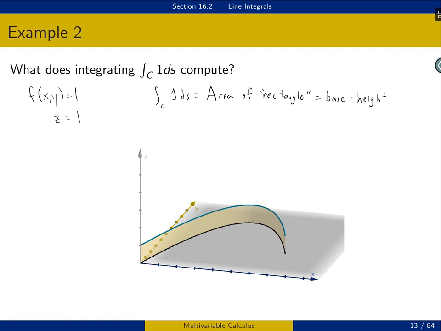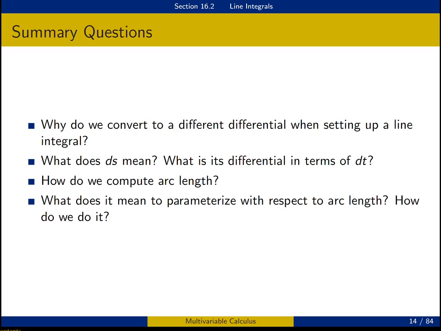Well, the height, in this case, is always 1. And so what this is computing is the length of the curve C. We're going to take that idea in order to compute the lengths of curves in our next lecture. In the meantime, here are some questions to make sure you understand the way that we set up line integrals.